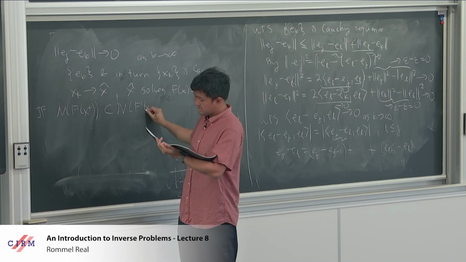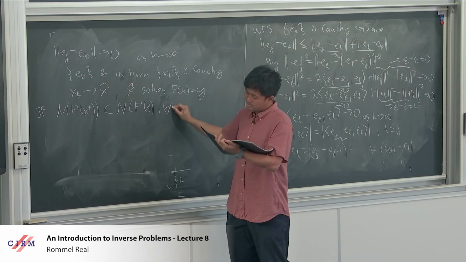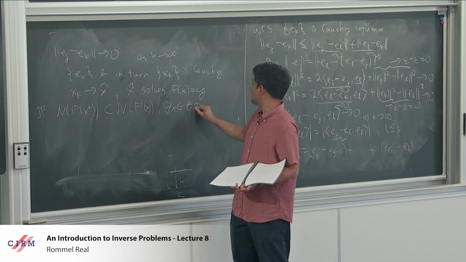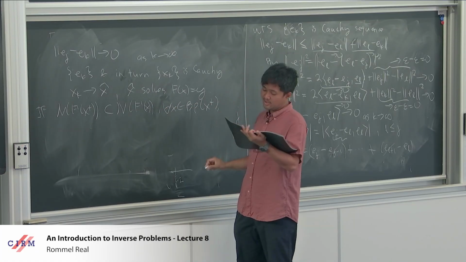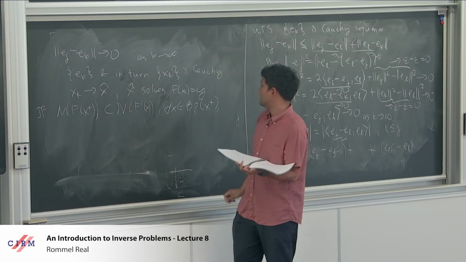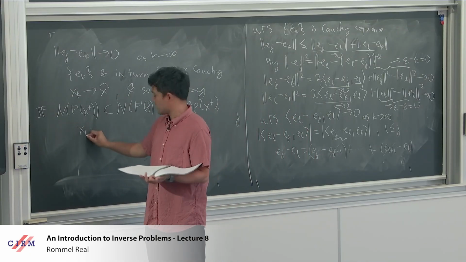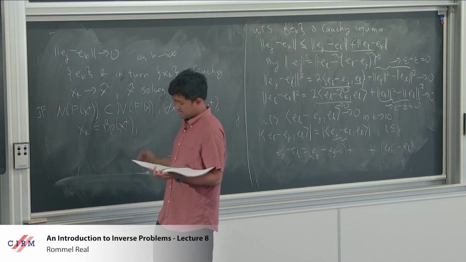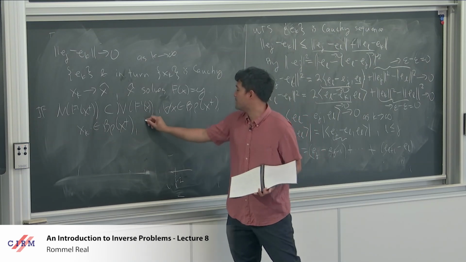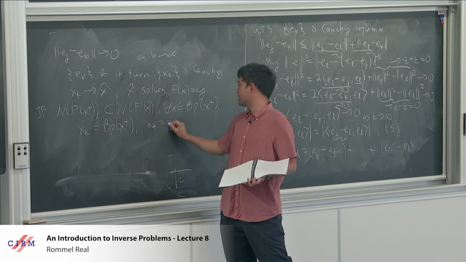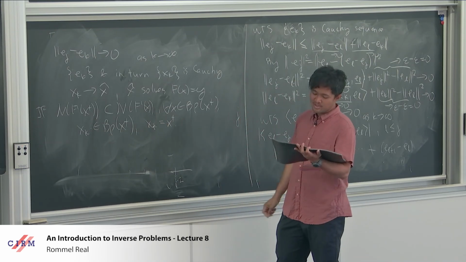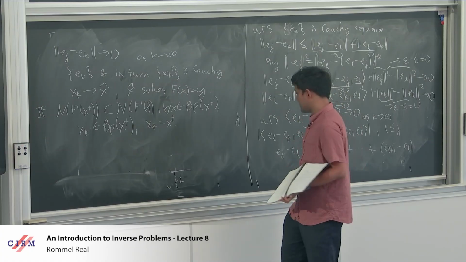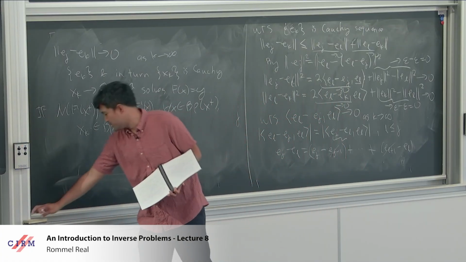of x for all x in a neighborhood, okay? And note that we know that x sub k is in this neighborhood. By the definition, you just let x star be x dagger. Now, because of this, we can have the following argument.